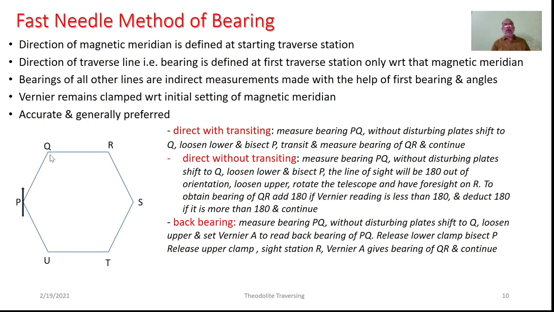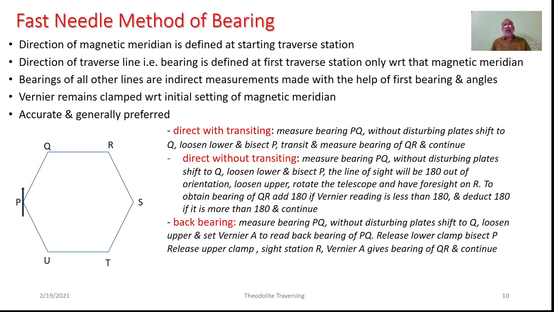Here we will loosen the lower plate and again we will bisect the station P. As you know, as we loosen the lower plate, there won't be change in the readings. The upper plate remains clamped. As such, when we transit the telescope, it will be in the direction of line PQ continued.